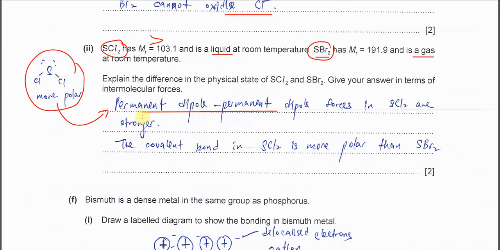The PD forces in SCl2 are stronger than SBr2. Why? Because the covalent bond in SCl2 is more polar than SBr2. So eventually the molecule has more dipole moment, stronger PD forces.